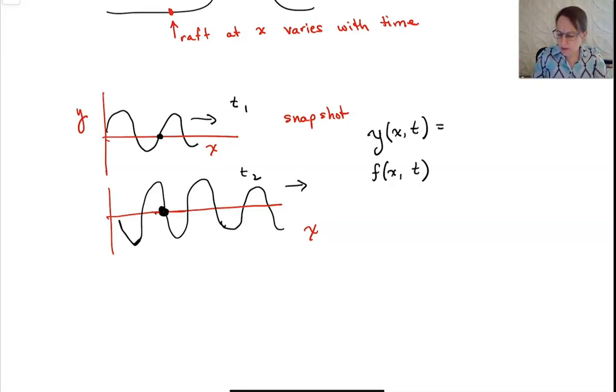So we can describe this by its amplitude, this A, how high it goes up, sine of now 2 pi over lambda x minus 2 pi times the frequency times time.